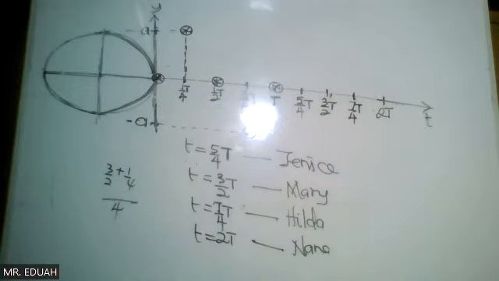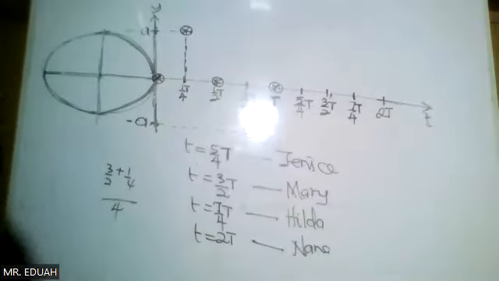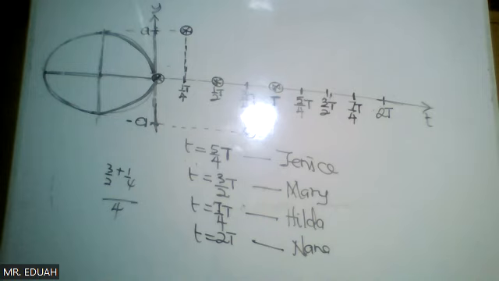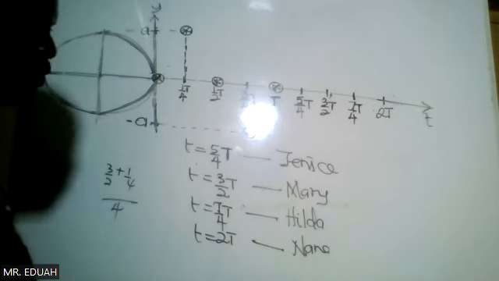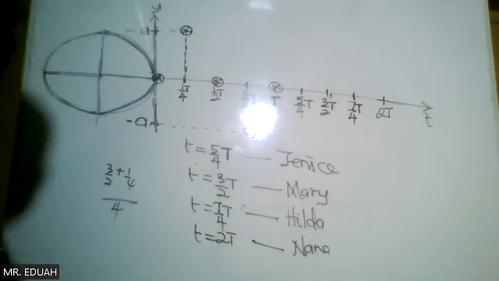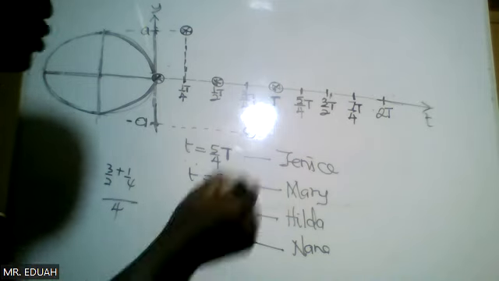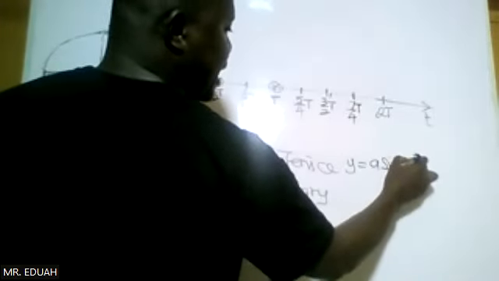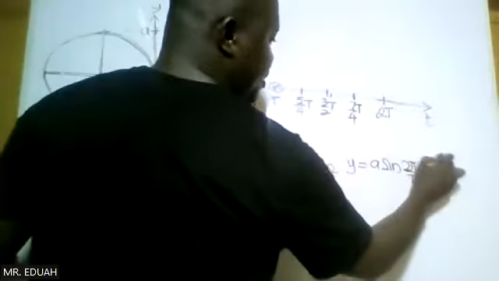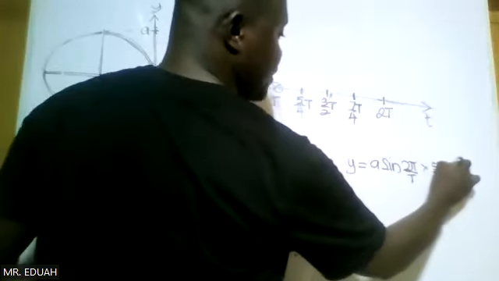The displacement was A, equal to the amplitude. Yes, Janice, it will be equal to the amplitude because we are talking of y is equal to A sine omega t, where omega is 2 pi on T. That time is 5/4 of the period.